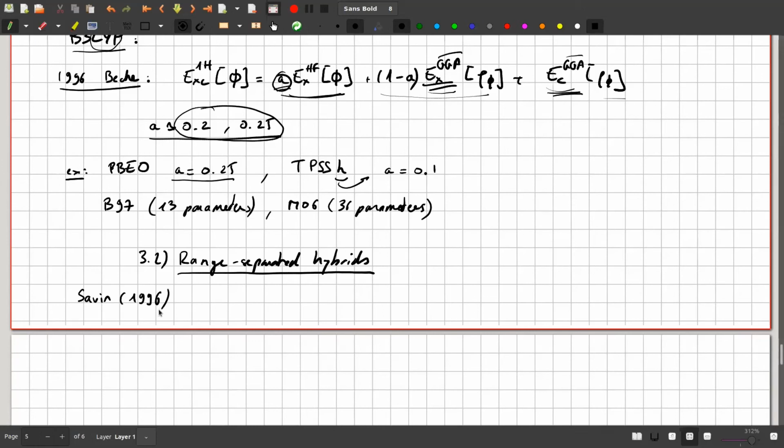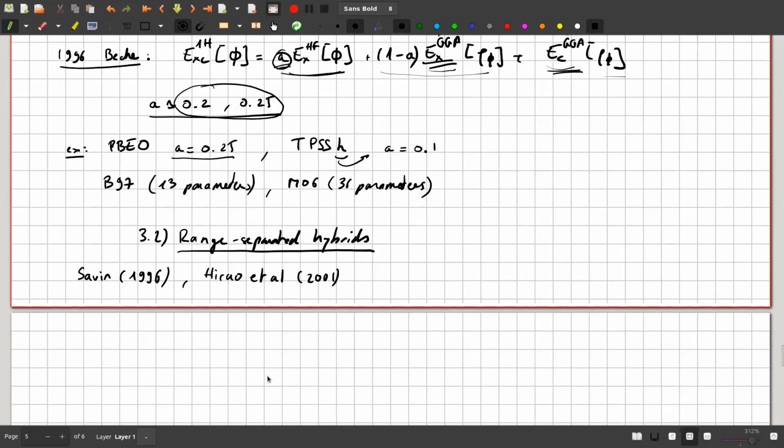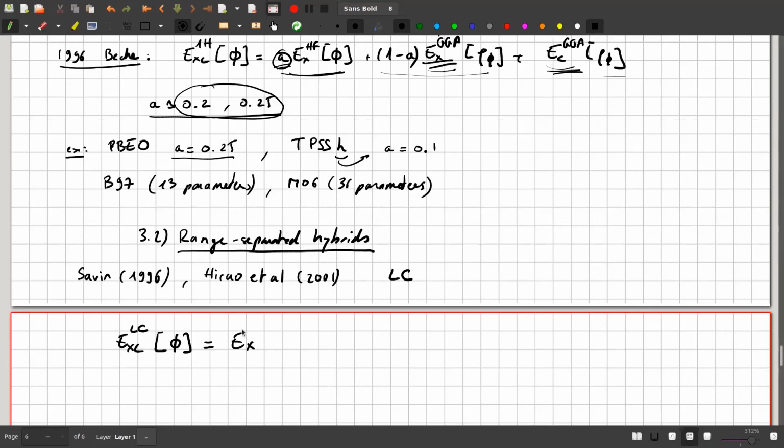But then it was applied in this form by Hirao and co-workers in 2001. It was called the long-range correction scheme, LC. And the idea is to take an exchange-correlation for this long-range correction scheme as follows. So this is within the generalized Kohn-Sham scheme. You have the fraction of Hartree-Fock exchange, but now you take only the long-range part of the Hartree-Fock exchange.